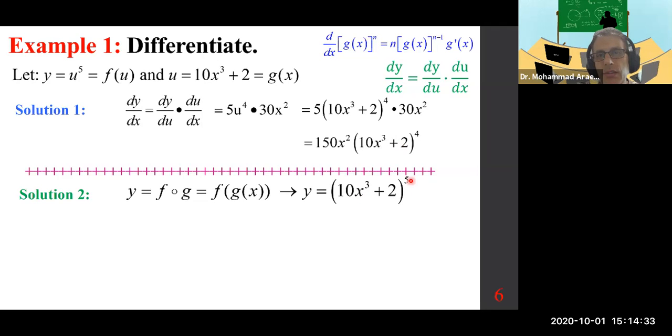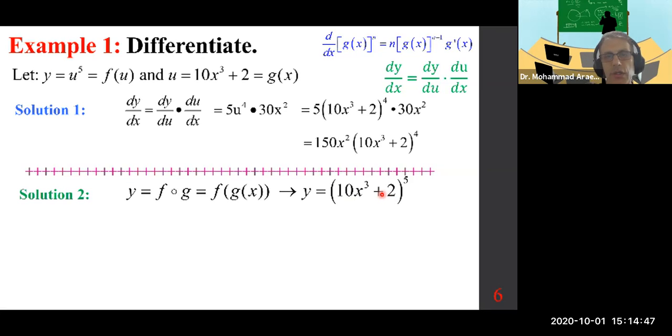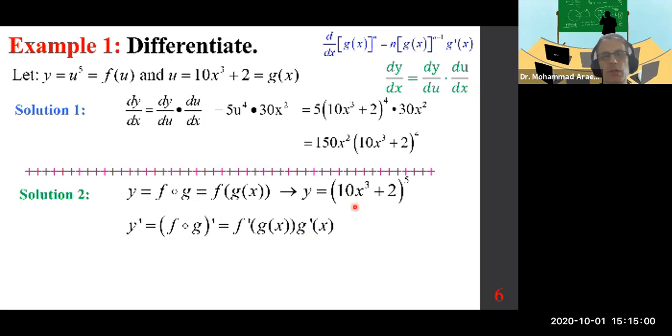So n sits in front, same parenthesis to the power of 5 minus 1, which is 4, by the chain rule times g prime, the derivative of 10x cubed plus 2, which is 30x squared. So f prime of g of x is 5 times (10x cubed plus 2) to the power of 4, and g prime of x is 30x squared.